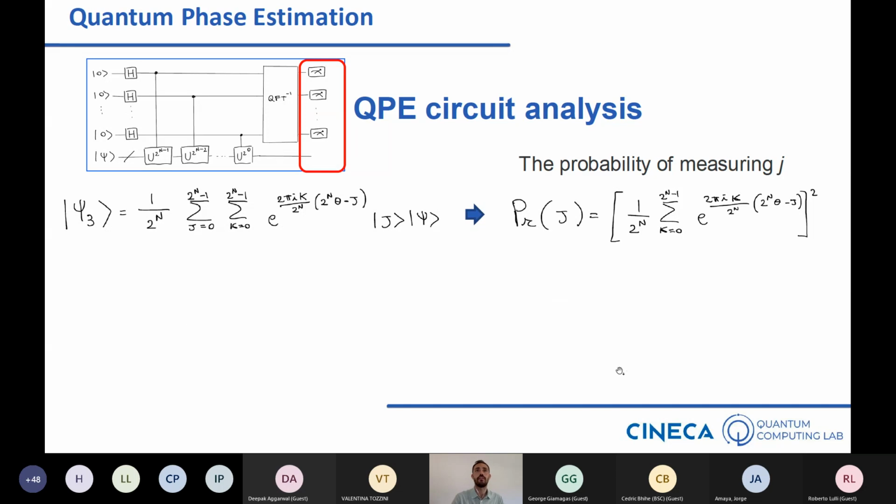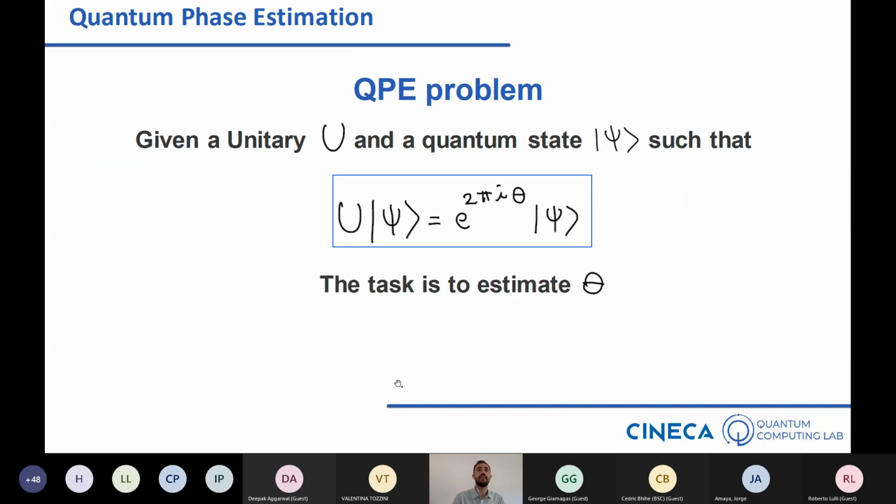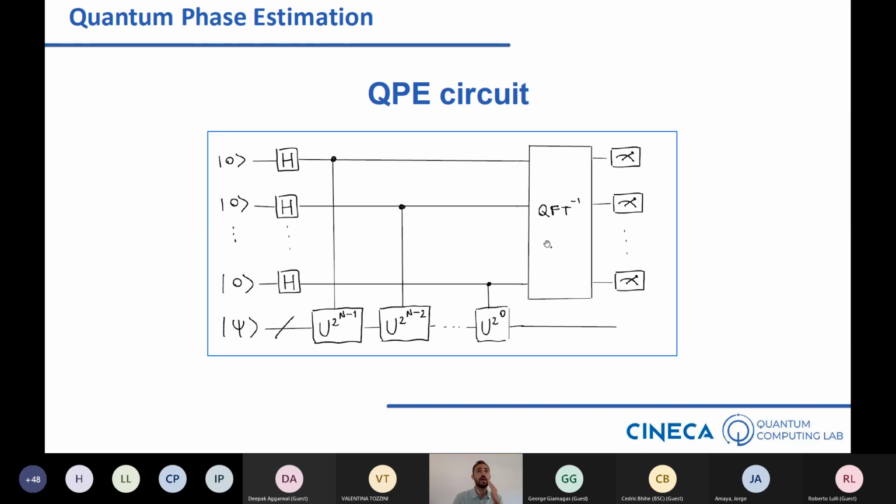So let me briefly recap everything. The idea here is that I want to estimate theta. To understand what theta is, I have U and I have psi, such that U psi equals e to the 2 pi i theta psi. I employ this circuit, which has n qubits here, and here we have psi with this controlled unitary, where U is the operator that we're given.